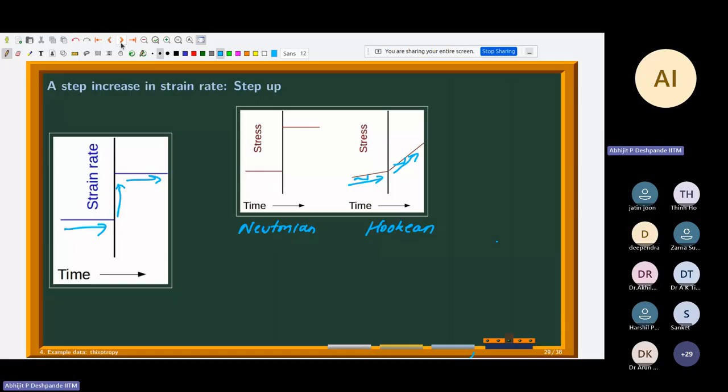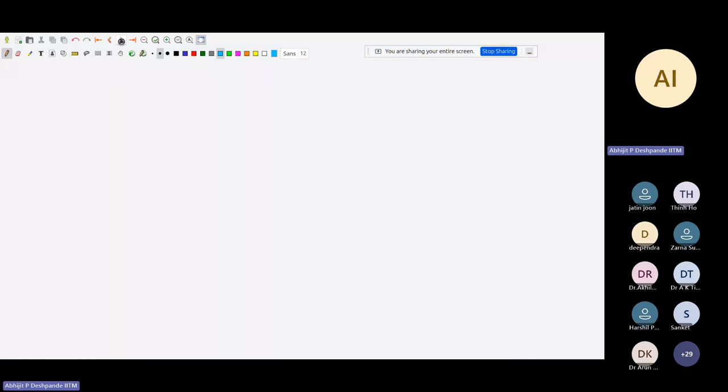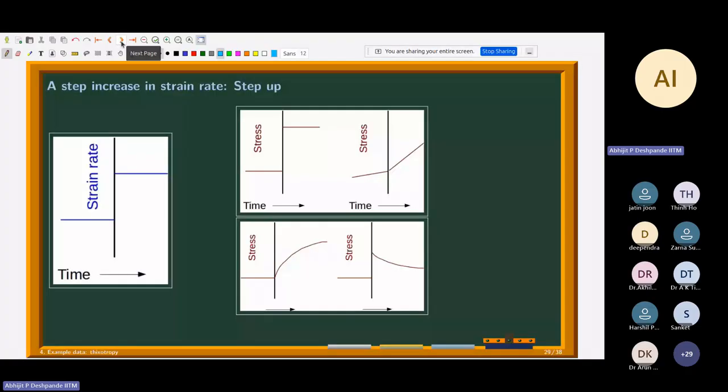But these are of course ideal materials. For a realistic material, for a viscoelastic material, because of relaxation in the material, stress grows, but it takes some finite amount of time, because in terms of the overall rate being higher, the overall stress that is required is also higher.